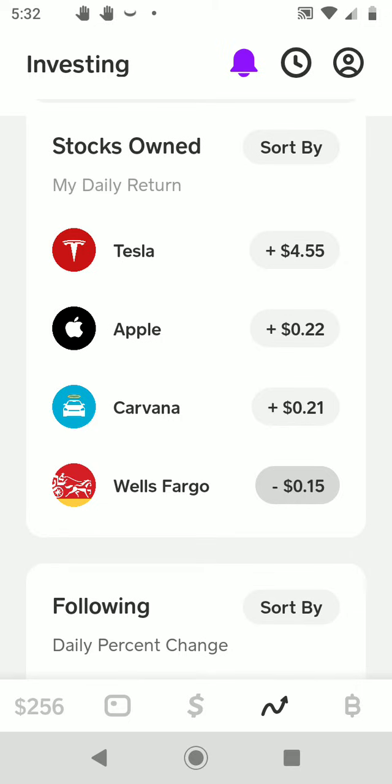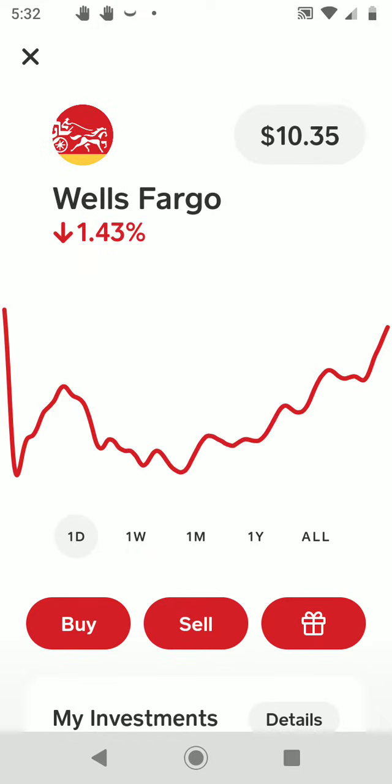Okay. All right. So, when you invest, you want to look at stocks that have a high amount of volume, meaning a lot of people are buying and a lot of people are selling the stock, meaning it's volatile, it's going up or it's going down on a regular basis. It's not stagnant.